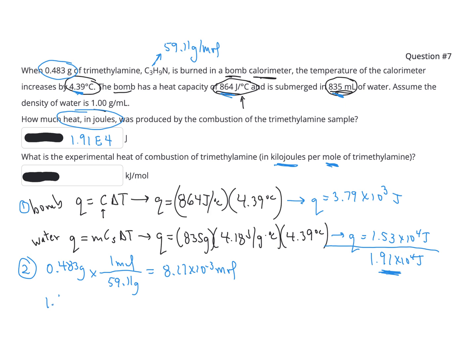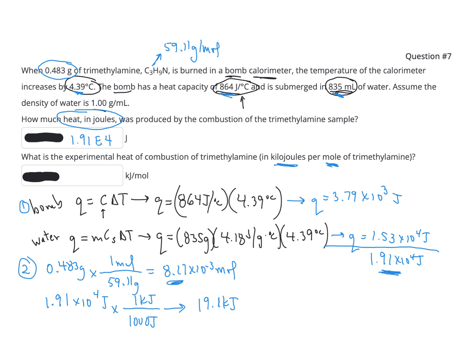Right now I've got joules: 1.91 times 10 to the 4 joules. We want to do a unit conversion to get this into kilojoules. We know for every 1,000 joules, there's 1 kilojoule. So the total energy is about 19.1 kilojoules released when I have 8.17 times 10 to the minus 3 moles in the reaction.